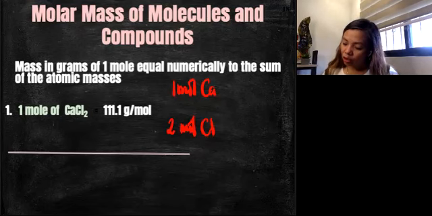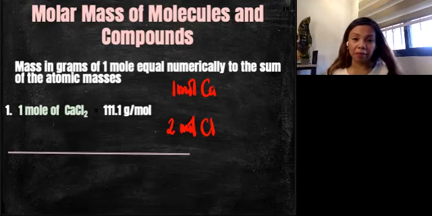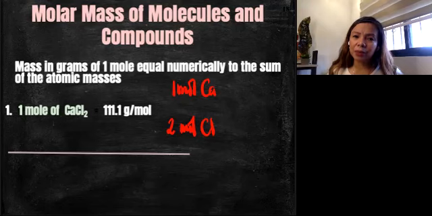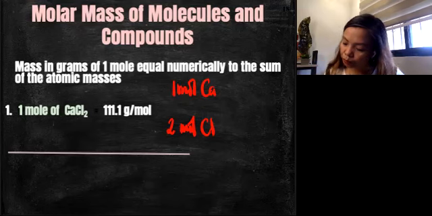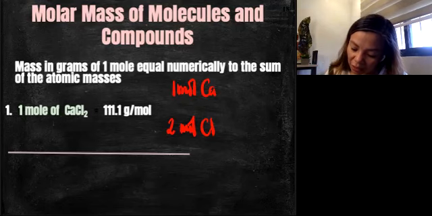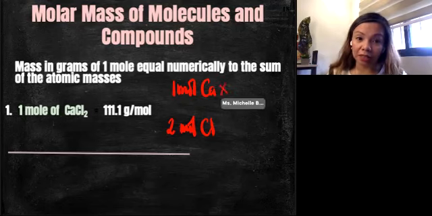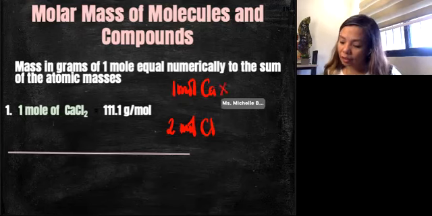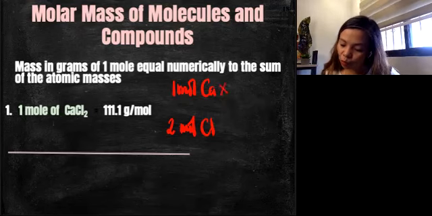Now, atomic mass. Again, I hope you know where to locate the atomic mass. Let's locate the atomic mass of calcium. For calcium, we multiply the moles by its atomic mass. One mole of calcium is in grams, right?